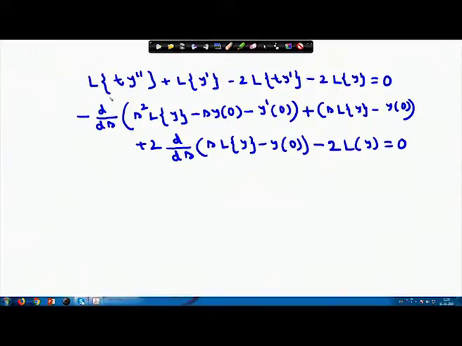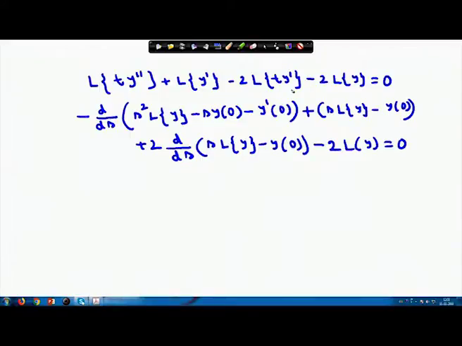So, please note here Laplace transform of t y double dash, whenever it is there, the value is minus d d s of Laplace transform of y double dash. Laplace transform of y double dash is known to us. Then Laplace transform of y dash, we know it and we put it.